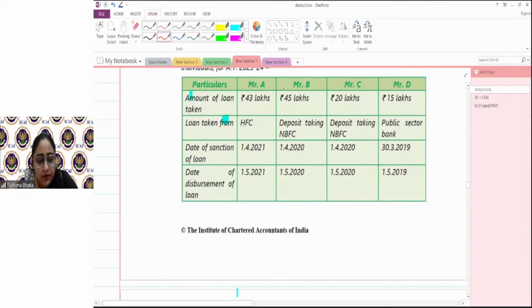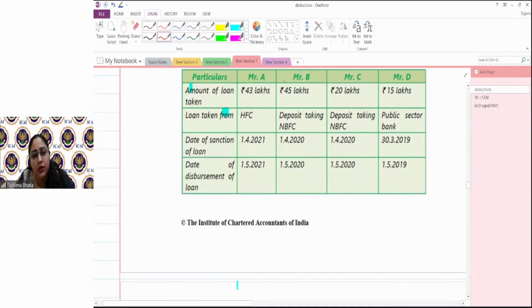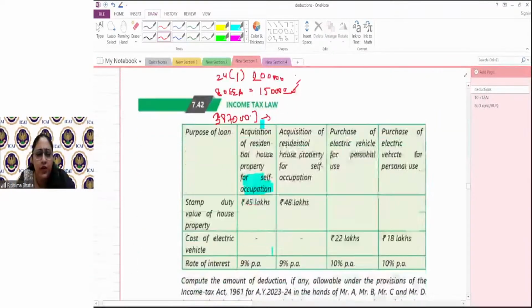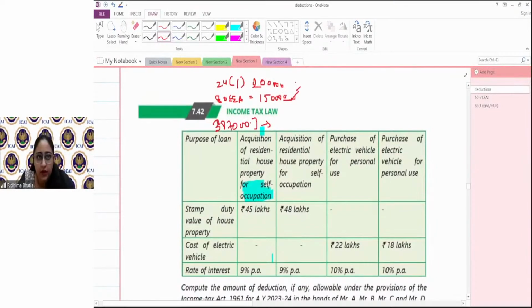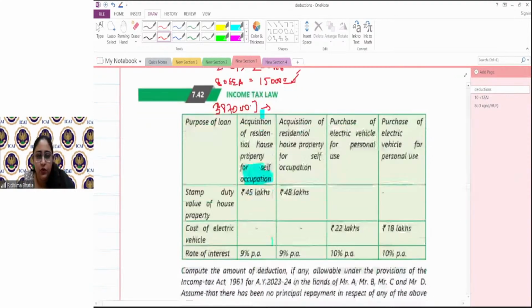Because first of all, stamp duty value is more than 45 lakhs. Second thing, loan is taken from NBFC. NBFC is only there for 80EEB, not for your 80EEA or 80EE. Okay. So loan taken on 1st April 20, no problem. 9% on 45 lakhs comes to 4,05,000, but maximum under 24B would be allowed is 2 lakhs. Okay.